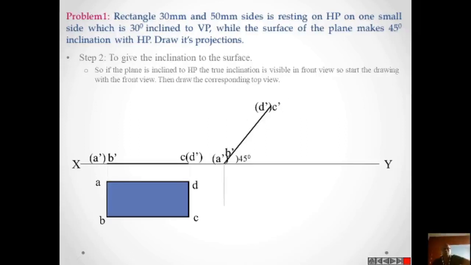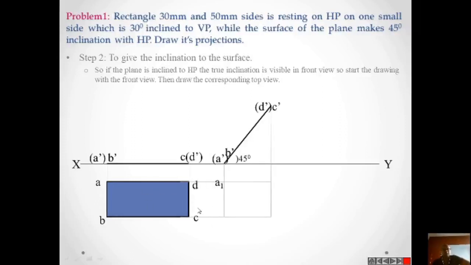Now, what we have to do? We have to drop the projections from this front view. Then you drop locus lines. These lines are horizontal lines or locus lines. We are drawing the locus lines from the earlier top view.